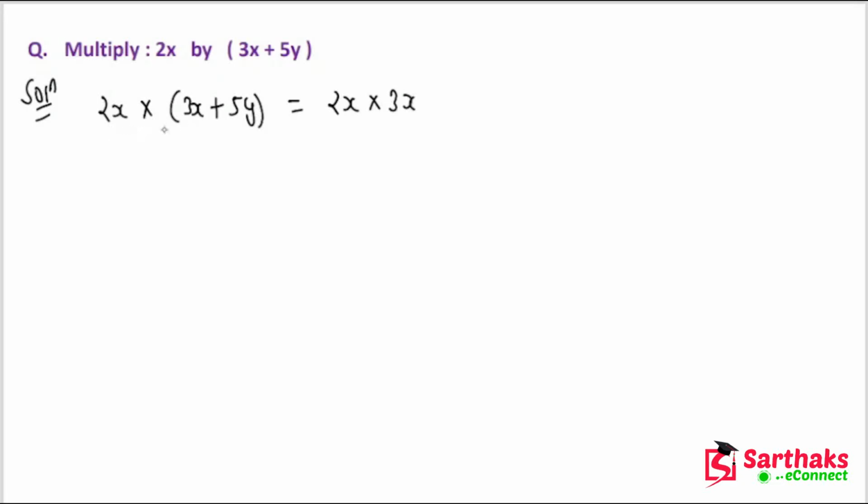See, this is p, this is q and r, so p into q plus p into r, so it will be 2x into 5y. We know multiplication of monomials, so that is what we are doing.